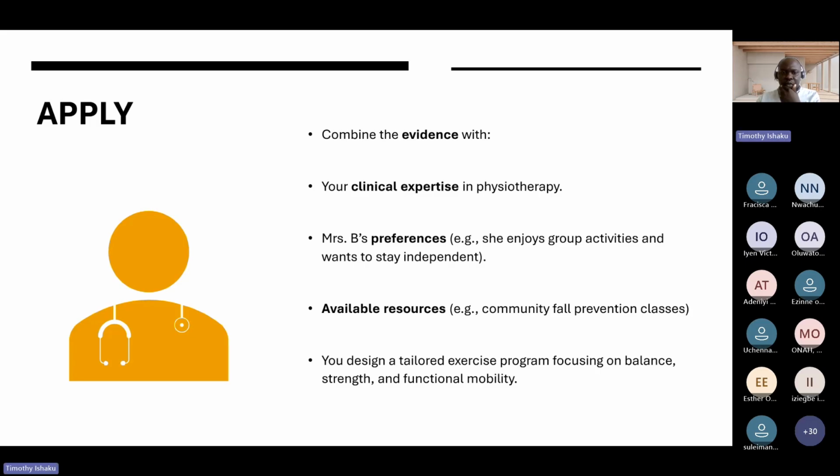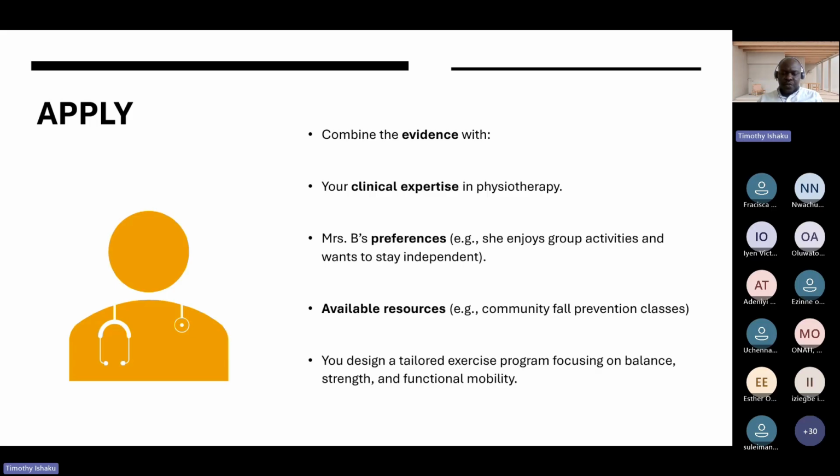And you look at the available resources. You can also refer her to the community if that's what the evidence says. Based on the available evidence, we've not gone into detail, but if you look at the research articles and the NICE guidelines, what it recommends is a tailored intervention for this particular patient.